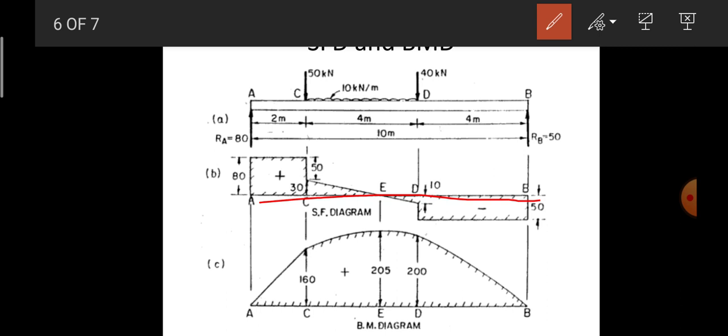And then at D I have got it as minus 10, so again it is drawn below the baseline. So between D and B we don't have any load, but the variation between D and B is always the stepped variation, because the concentrated load is acting over there.